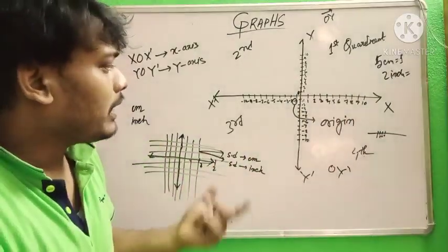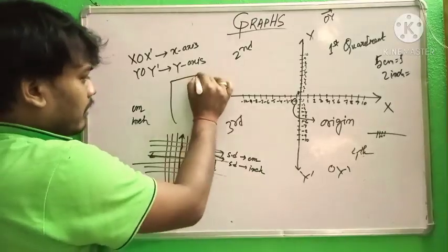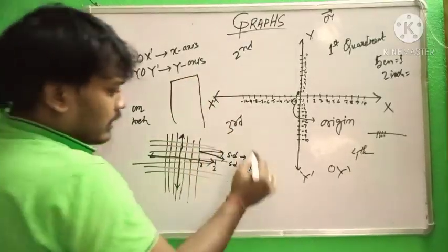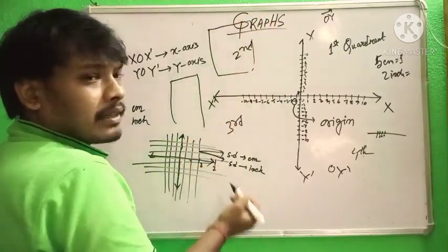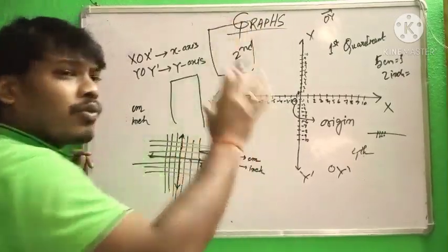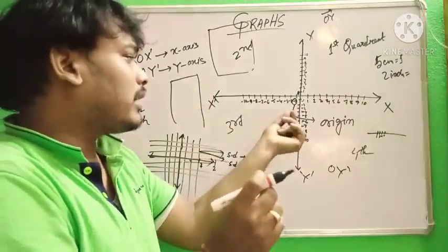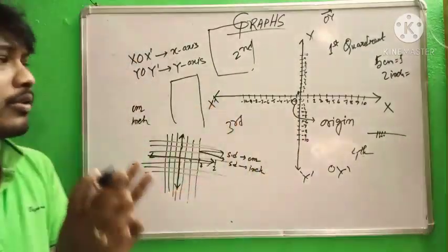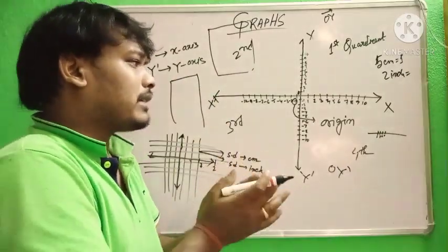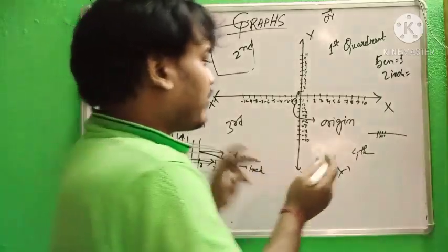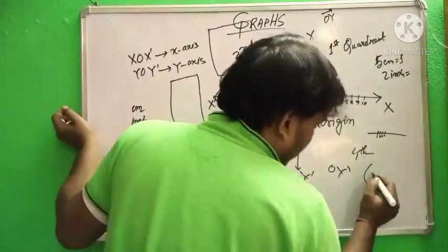Okay, in graph paper you can see, the length of the graph paper is more or less A4 size, and there are so many small divisions. So if you take 1 centimeter equal to 1 unit, then it doesn't look good. So 2 centimeter or 3 centimeter equal to 1 unit, as per the values given. Later I will discuss coordinates.